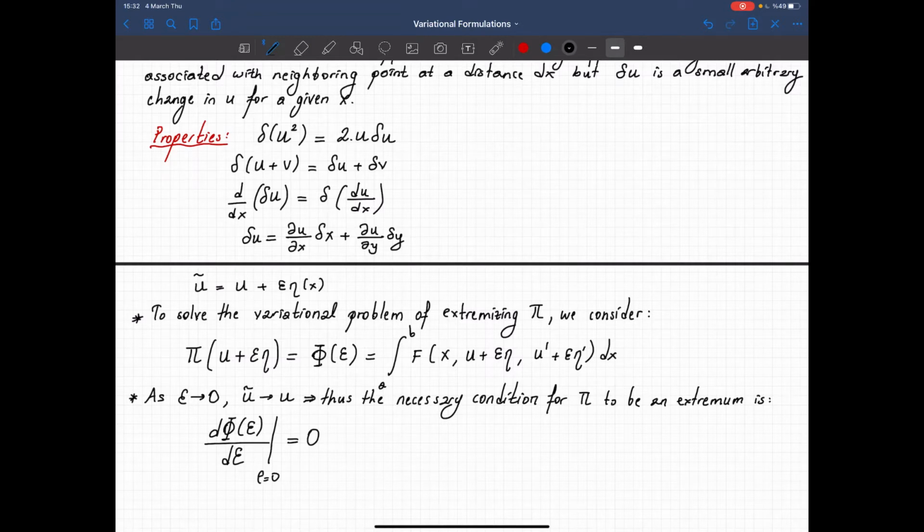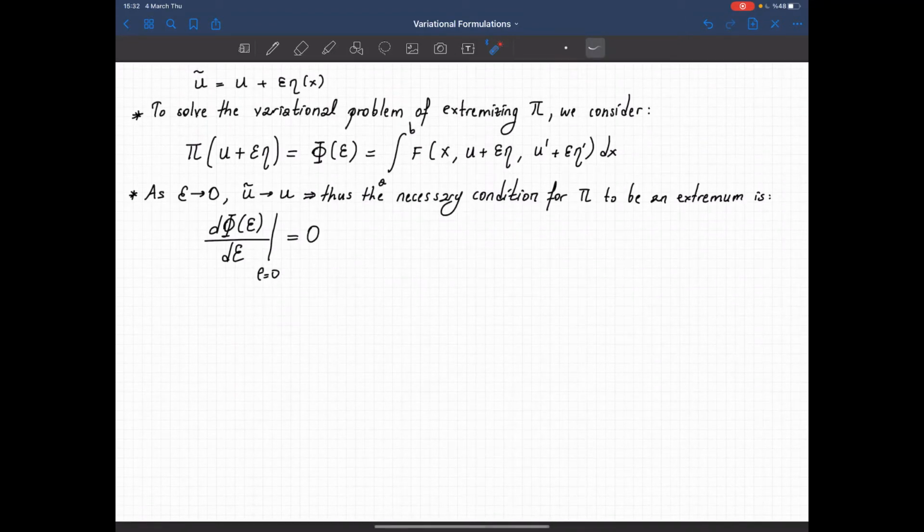That's the condition. Okay? So if I take the derivative of this functional with respect to epsilon, this is what I see.